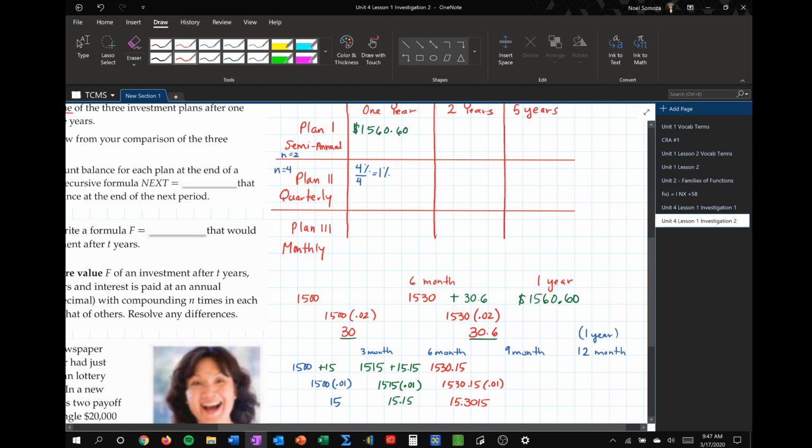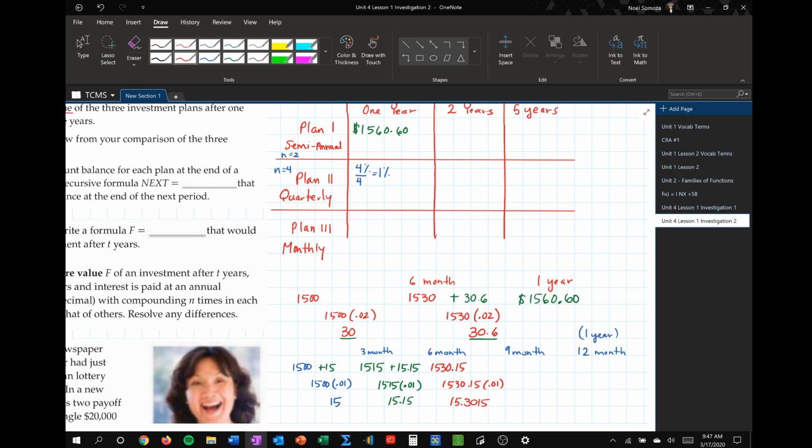I don't want to lose anything because eventually it all adds up. If I start rounding too soon, then I'm going to lose some values that are important, and then by the end of the year, I'm not really going to see what the benefit of compounding quarterly is really going to be.